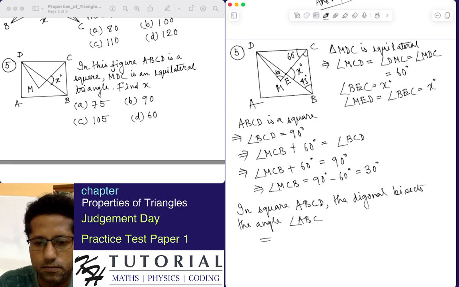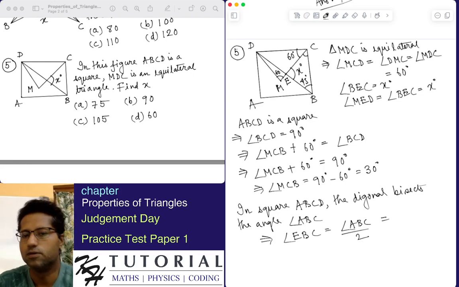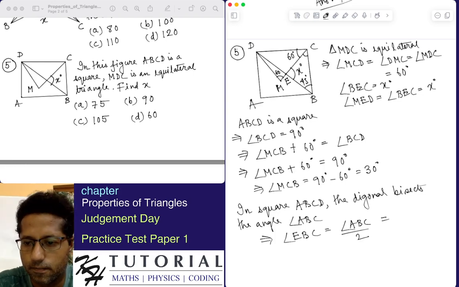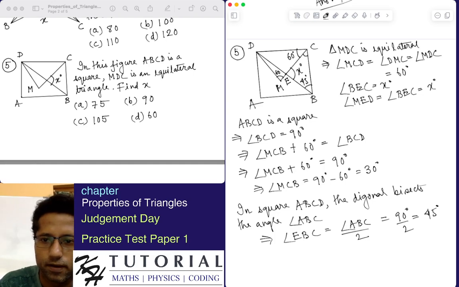This implies angle EBC is equal to angle ABC divided by 2, and angle ABC, we know, is a corner angle of a square, which is 90 degree. So angle EBC is 45 degree.